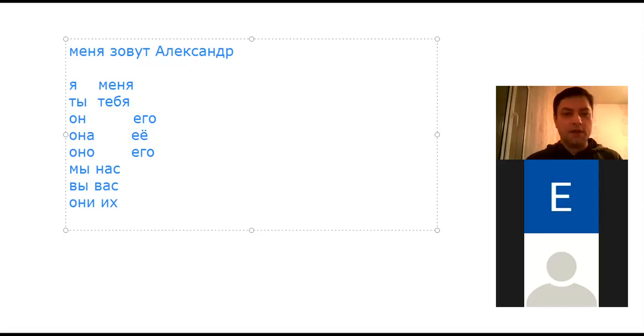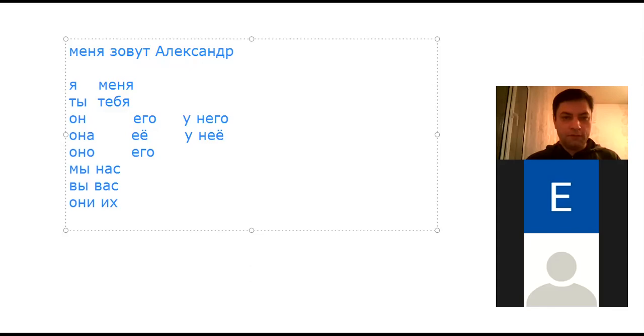And this letter N would appear if in front of the pronoun there is a preposition. For example, у него, у неё. You see in front of this pronoun there is a preposition, and therefore the letter N would appear.